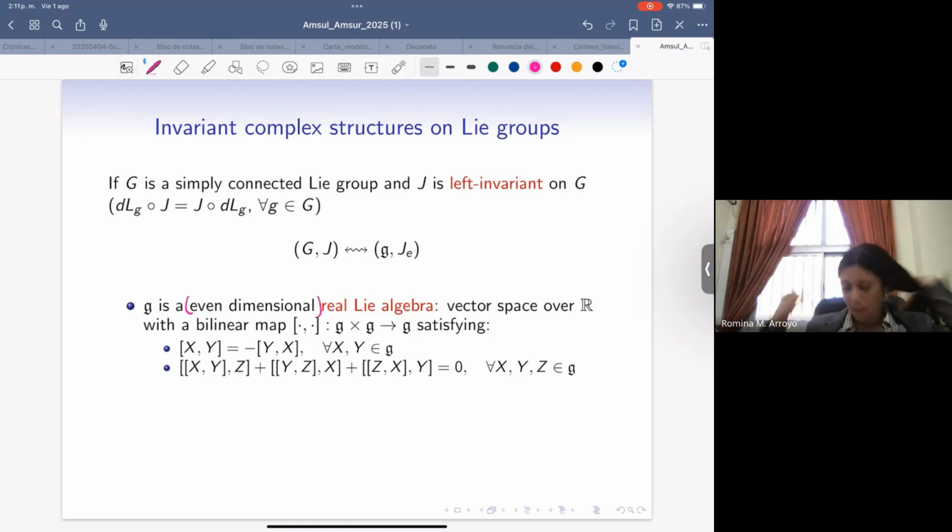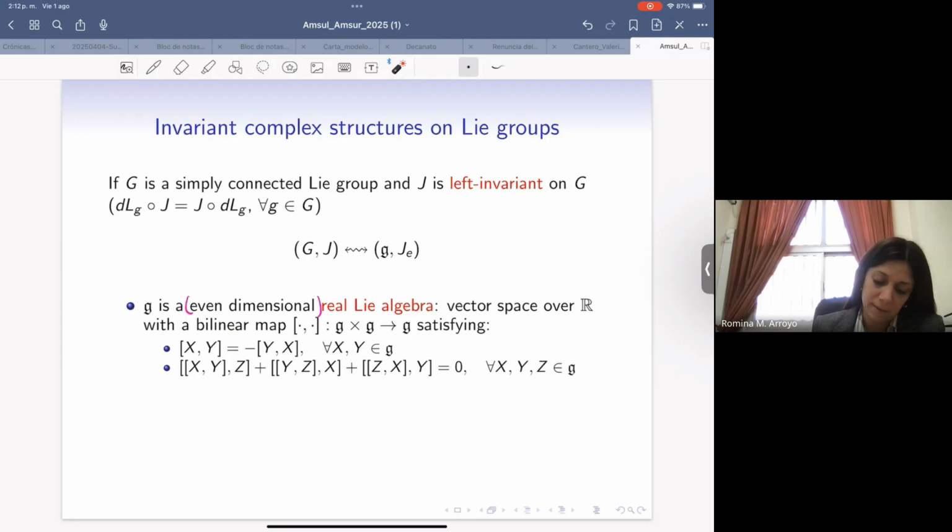So in general, what is the abstract definition of a Lie algebra? It's basically a vector space. Here I am considering real vector spaces, endowed with a bilinear map satisfying these two conditions.